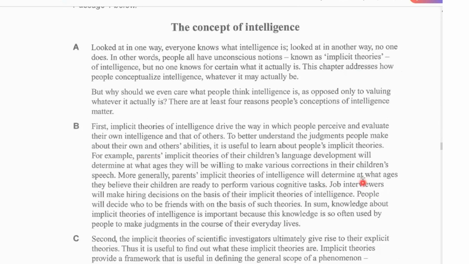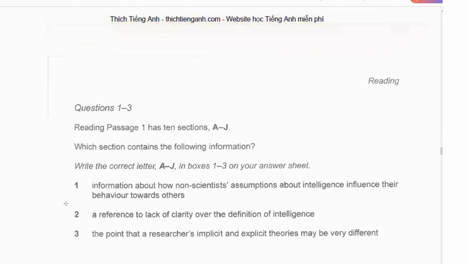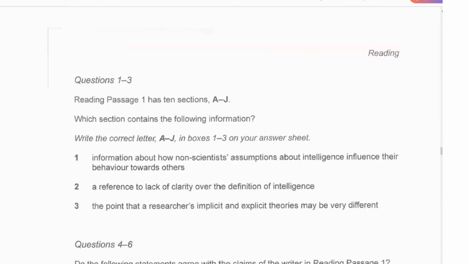So job interviewers is a category of non-scientists. Okay. Then he also says people will decide who to be friends with. So this thing is non-scientists. Paragraph B is going to be my answer. Non-scientists. I almost missed that. Number 1 should be B. I'm going to pick B for number 1.